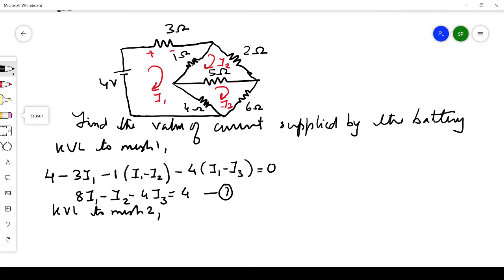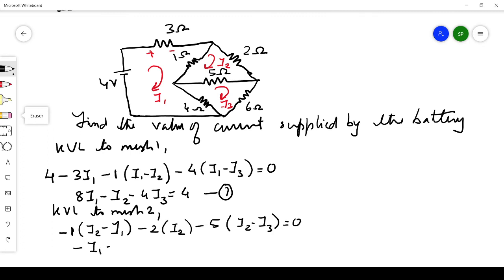Both I2 and I1 are flowing through the 1 ohm resistor, but it is the difference of the currents. So we can write minus 1 into (I2 minus I1), then minus 2 into I2, then minus 5 into (I2 minus I3) is equal to 0. This is the equation for mesh 2. When you simplify this, you get minus I1 plus 8I2 minus 5I3 is equal to 0. This is equation 2.